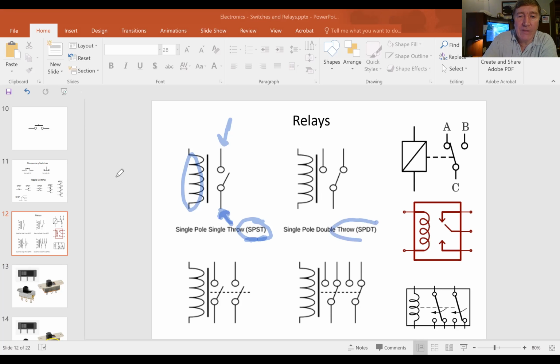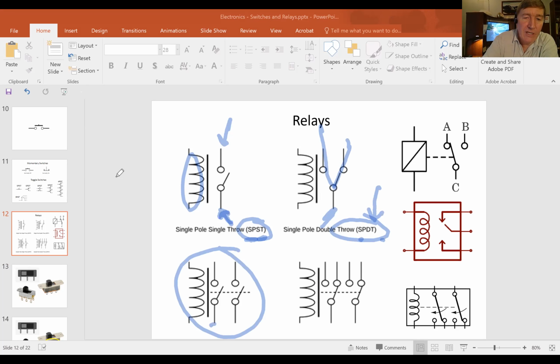This guy over here is an SPDT relay, okay? Because it's got one input, but that one input could either flow this way or it could flow that way. It's got 2 different directions it can go. That means it's double throw. So single pole double throw relay. This guy on the bottom, you see we've got 2 inputs, but each input only has one possible output.